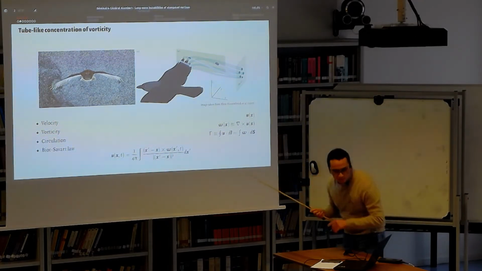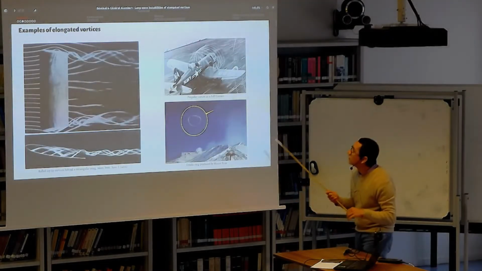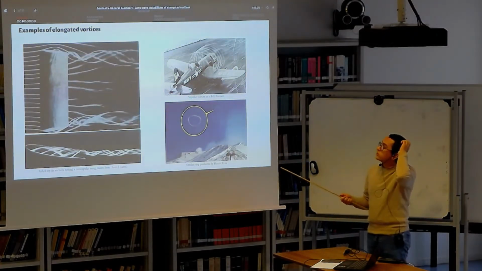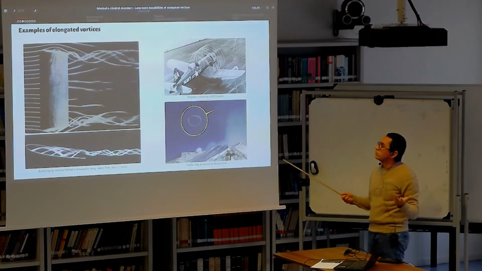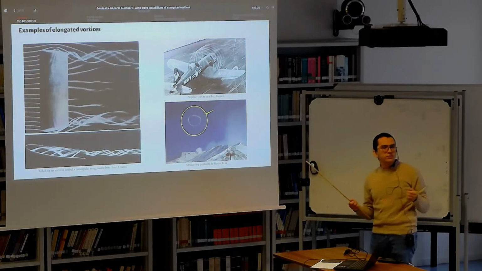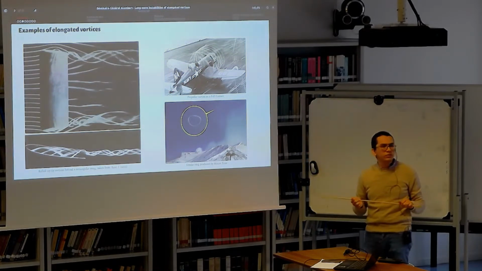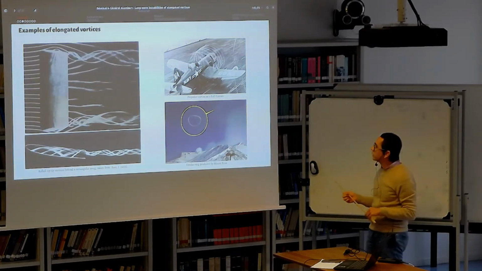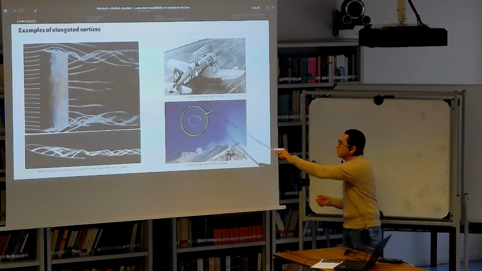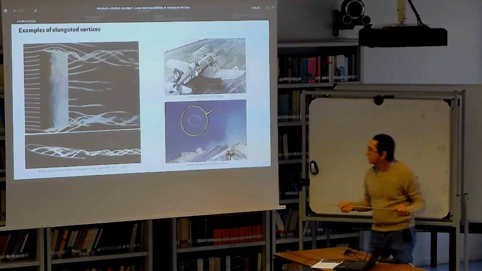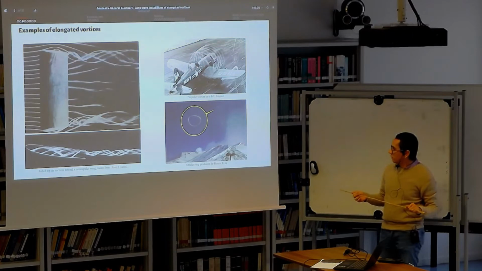Okay, so I'm going to show some examples of how you usually generate this type of vortices. One way to do it is simply to push fluid through an orifice really fast, which is how we create smoke rings. I have an example here of a ring that is produced by Mount Etna.